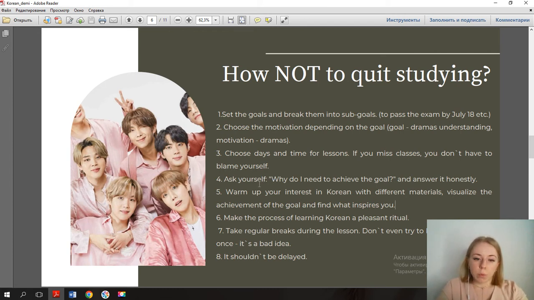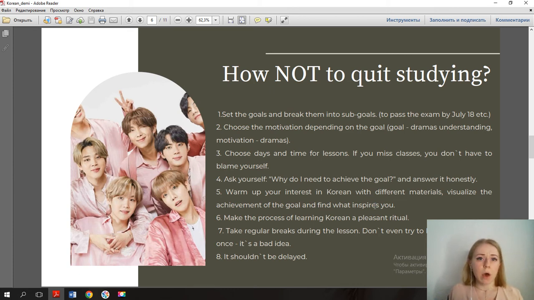Well, the sixth one, make the process of learning a pleasant ritual. What does it mean? It's more like an atmosphere at your home, in your room. If there are lots of pleasant things, for example, nice notebooks, cute things.